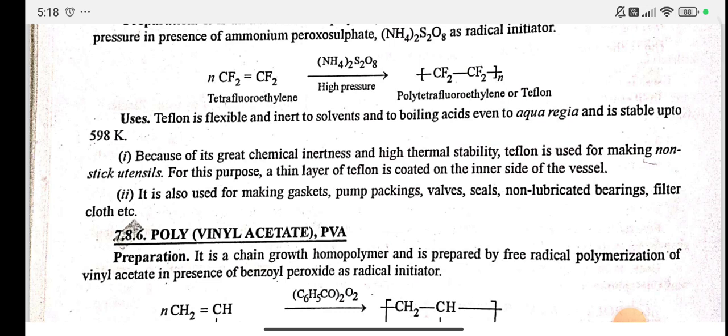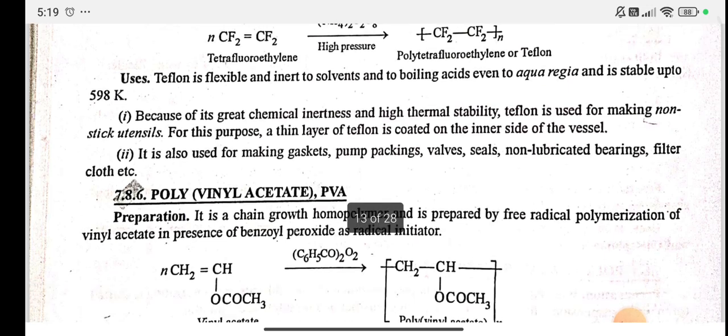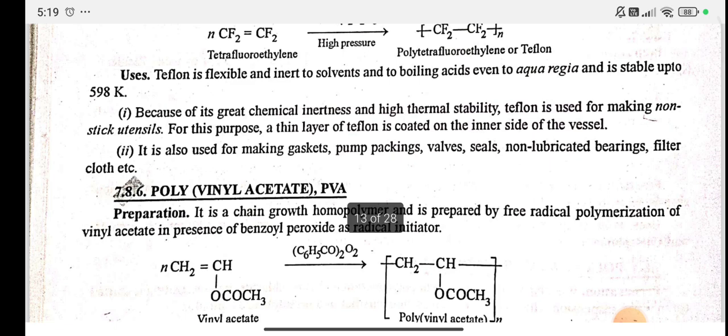Because of its great chemical inertness and high thermal stability, Teflon is used for making non-stick utensils. For this purpose, a thin layer of Teflon is coated on the inner side of the vessel. It is also used for making gaskets, pump packings, valve seals, non-lubricating bearings, filter cloths, etc.